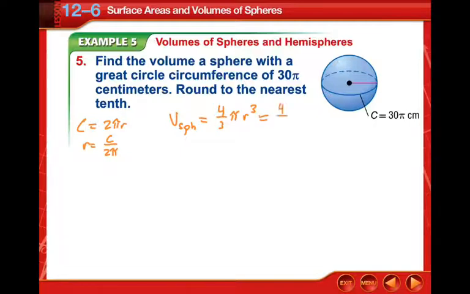So it's going to be 4/3 pi times our circumference over 2 pi, cubed. So when we cube that, again, we cube both numerator and denominator. So we have 4/3 pi times the circumference cubed over 2 cubed, which is 8, and pi cubed.